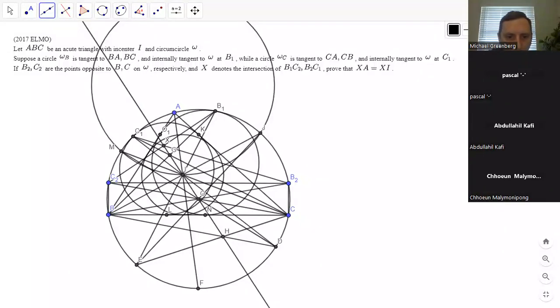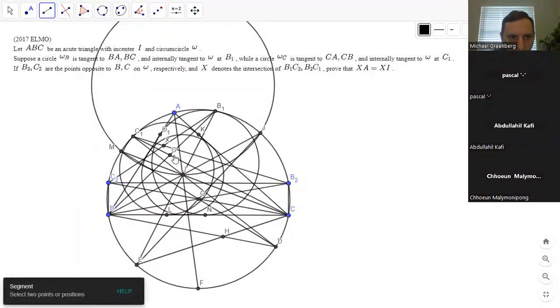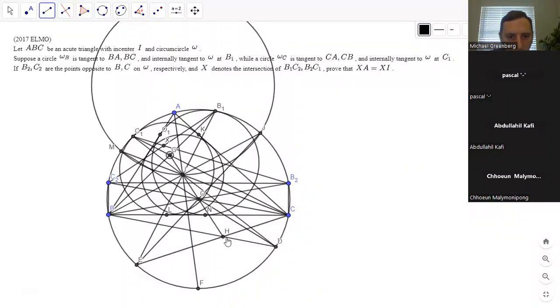Is X just a reflection of, so X is not a reflection of H over O, but I think we can show that these are collinear. And then maybe somehow we could use C1BE and B1CD.